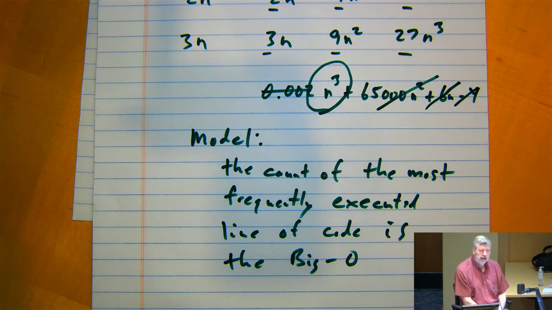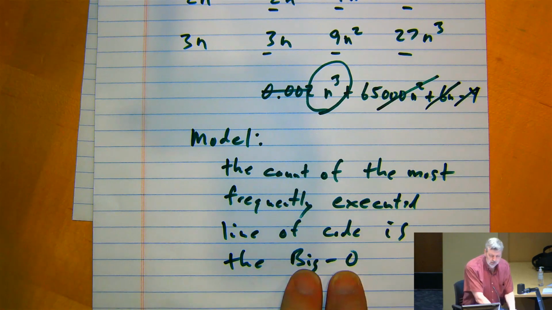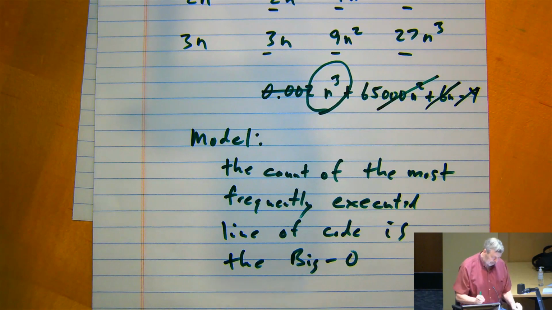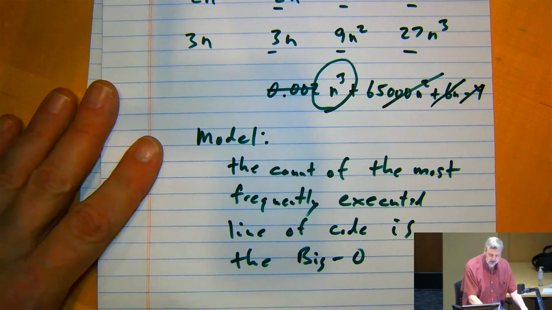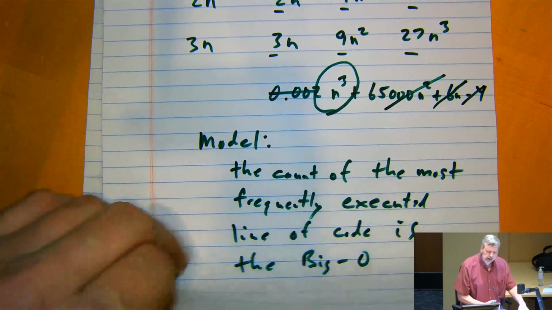If you find the line of code that's executed the most often, and you have a formula for how many times that line of code is executed, that gives you the big O. Now, it's not quite true. There are some exceptions that I wanted to mention, but it's a pretty good predictor.